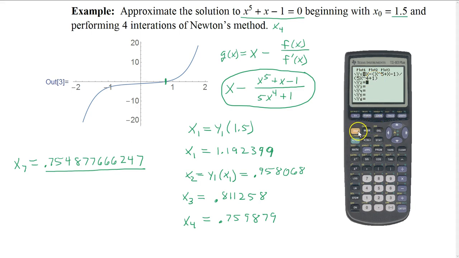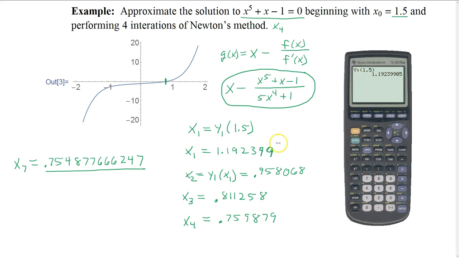Now what we have to do is go back to our home screen, hit second mode for the quit right there. Now we have to enter y1 of 1.5. So to do that on the 83, you have to press the vars button and go over to yvars and hit number 1 for function and number 1 again for y1, and then you can evaluate y1 of 1.5 and hit enter, and there you go.